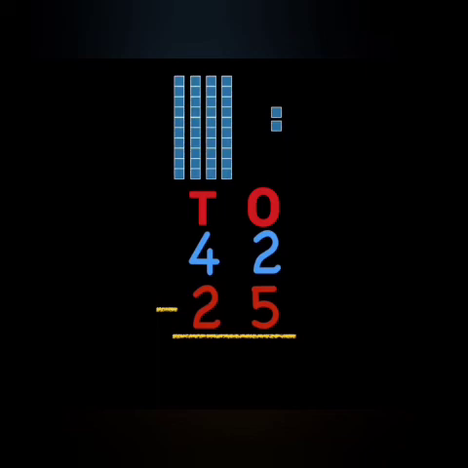So we will borrow 1 tens from the tens column, and then we will regroup 1 tens into 10 ones. So now on the ones side we will have 12 ones. Okay.